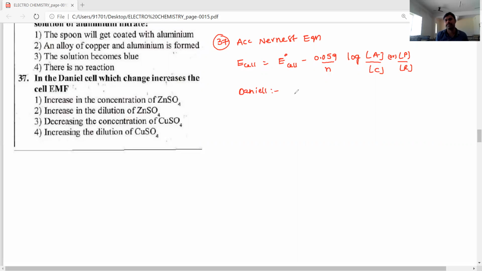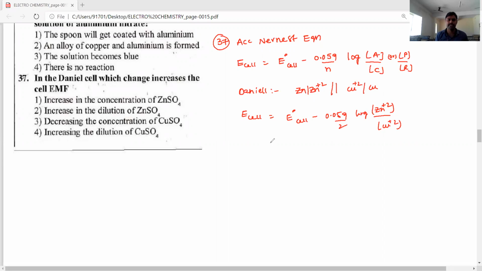The Daniell cell representation is Zn | Zn2+ || Cu2+ | Cu. So the Nernst equation for the Daniell cell is E cell = E0 cell minus 0.059 by 2 into log Zn2+ by Cu2+.